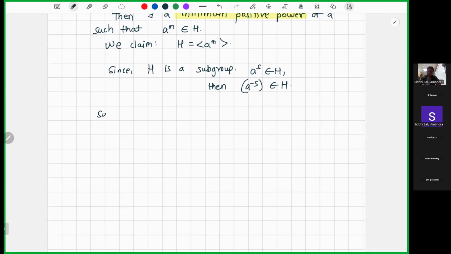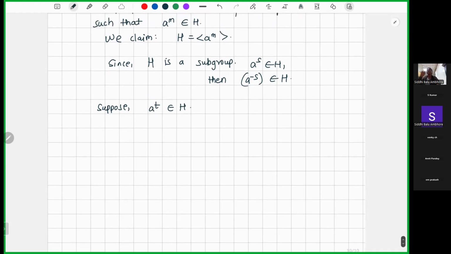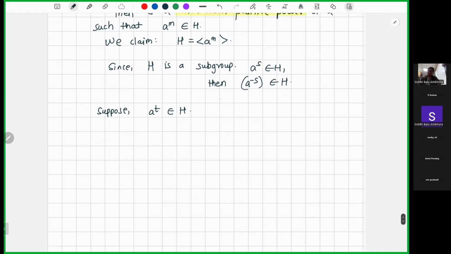Okay, so suppose some A power T belongs to H, for some T. We can take this T positive, because if T is negative, then A power minus T belongs to H, and in this case minus T will be positive.